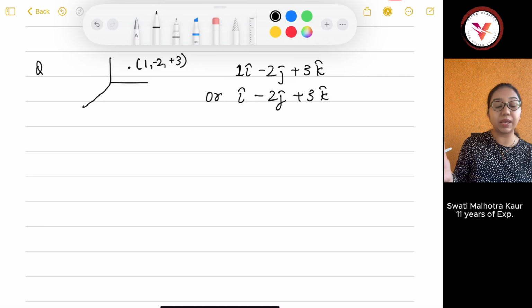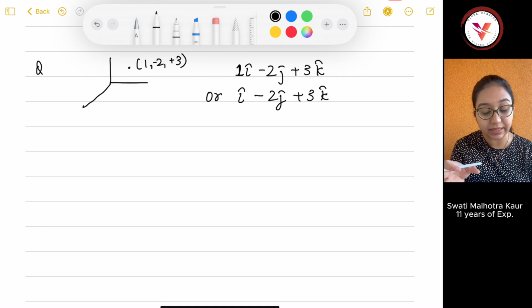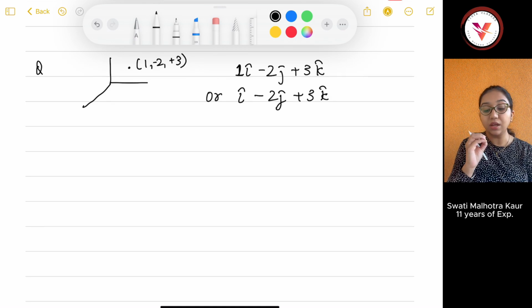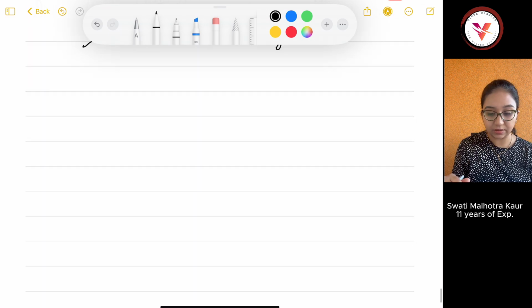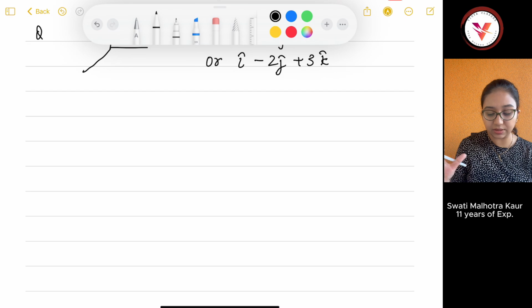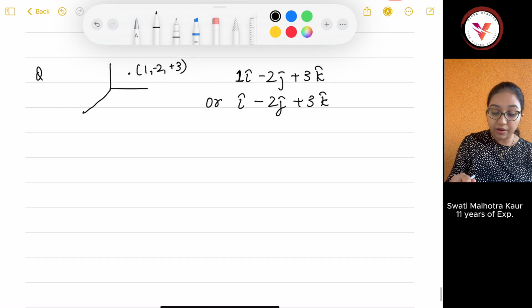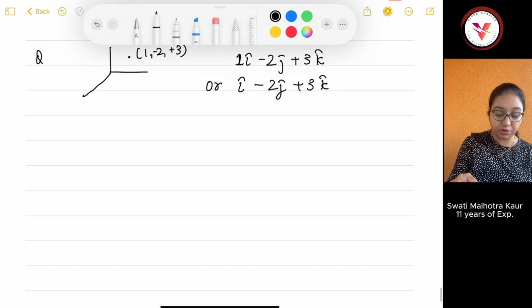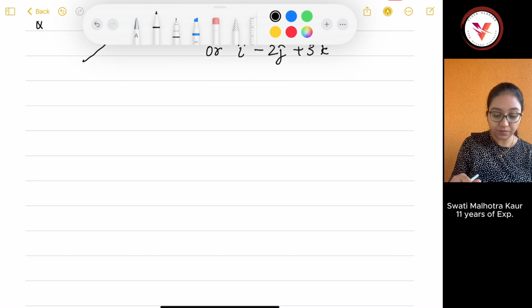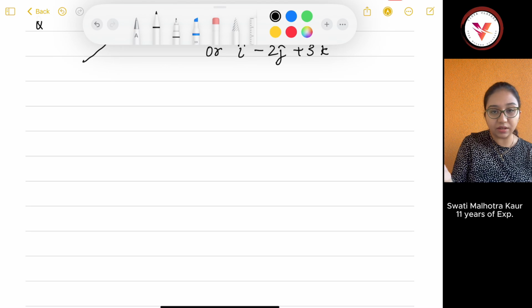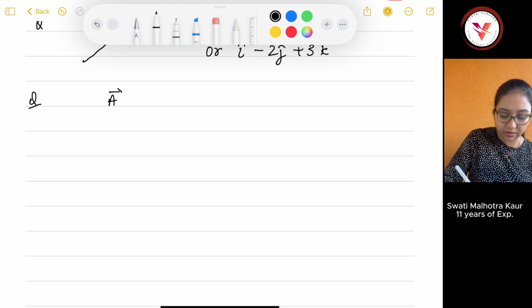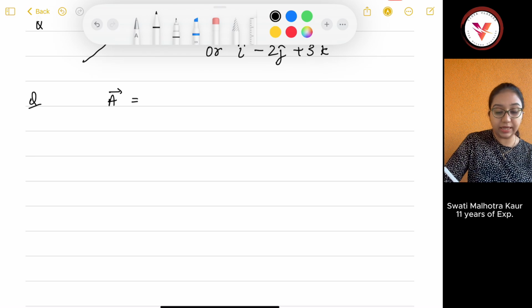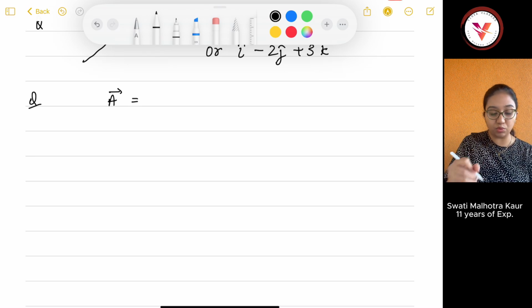And i cap, j cap, k cap define the components of that position of the particle in terms of i cap, j cap, and k cap. So yeah, it has this usage. Now, for example, let's say you are given a vector, obviously in terms of this i j k cap only.